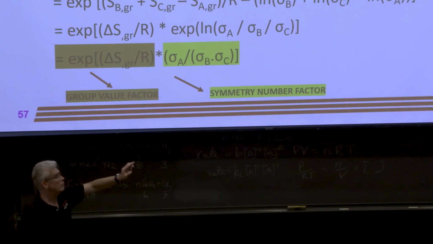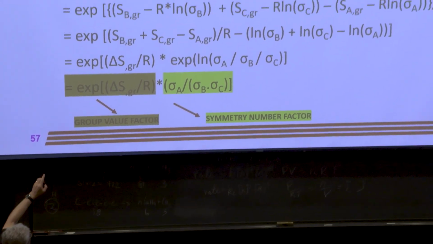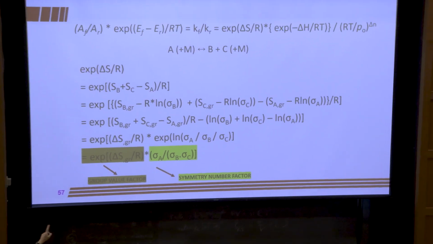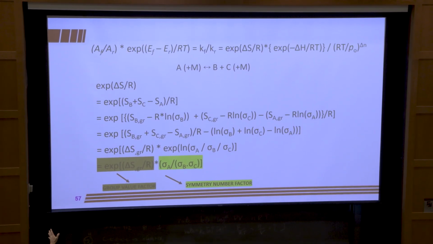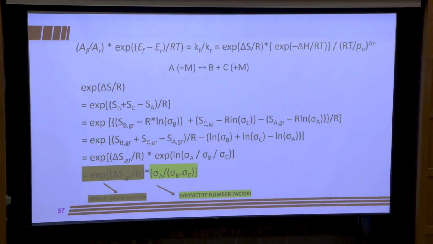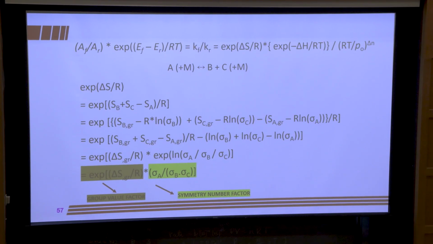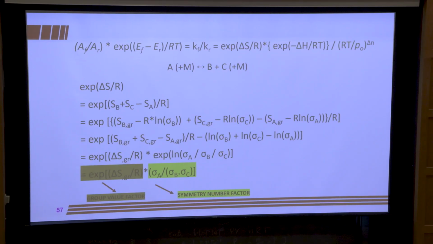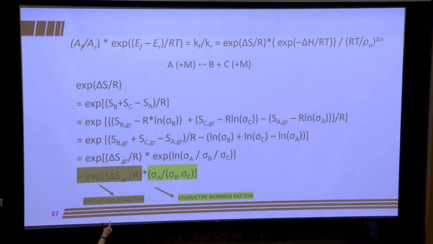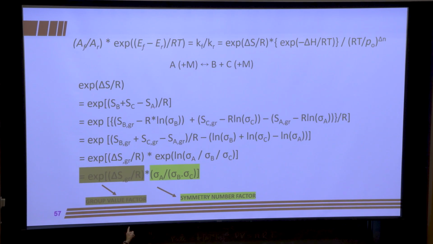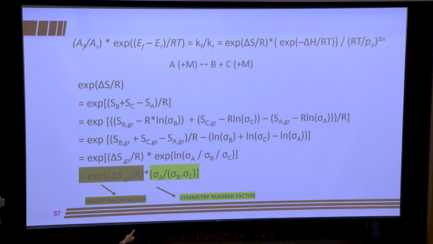So remember now the A forward over A reverse. So the rate constant is going to be influenced by the exponent of the change in entropy of the group values divided by R times the symmetry number of A divided by the symmetry number of B times symmetry number of C. Okay? So let's do it for neopentane, giving us terbutyl plus methyl.